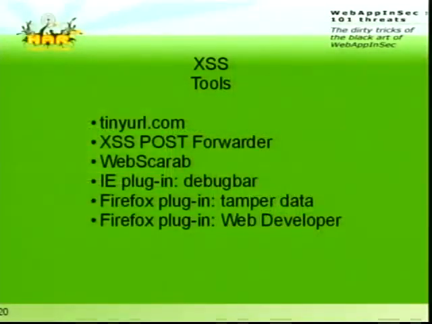Some tools that can be used for cross-site scripting are like tinyurl. It can be used when you have only little space to store your malicious script. Sometimes vulnerable parameters only allow short parameters, and therefore it would be hard to include remote JavaScript.